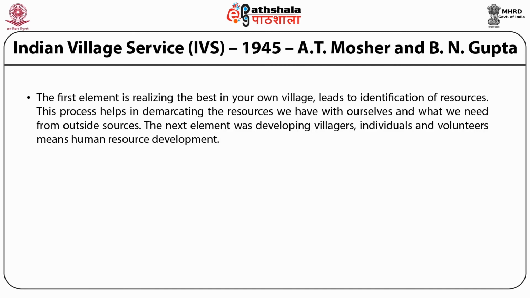The next element was developing villagers, individuals and volunteers, which means human resource development. This is what is essential for ensuring development. Quality human resource is always in demand. If we can decentralize the process to village level, the development gets momentum.